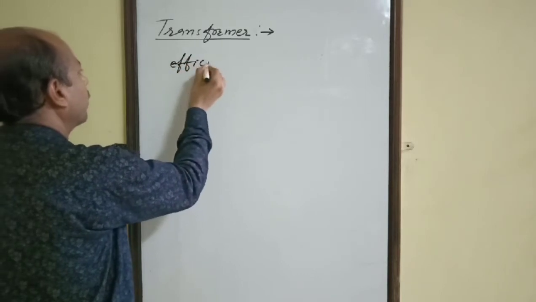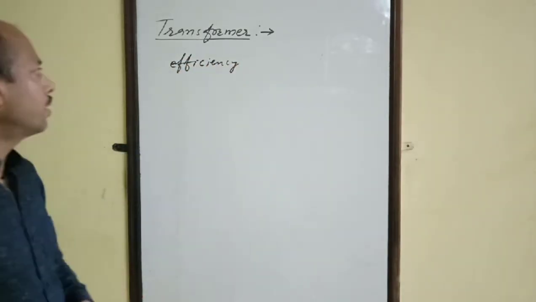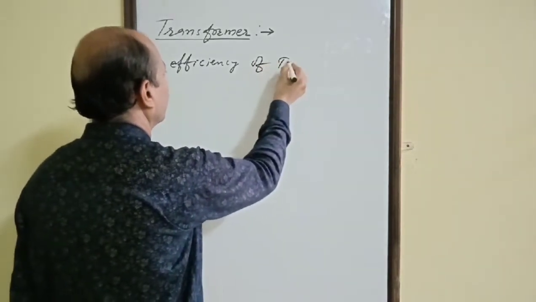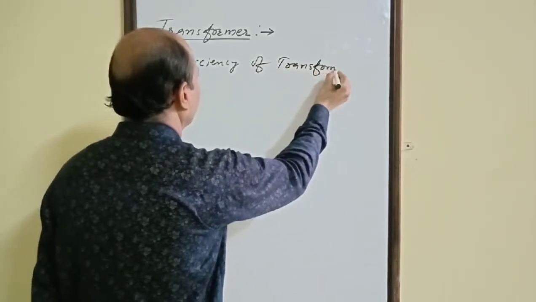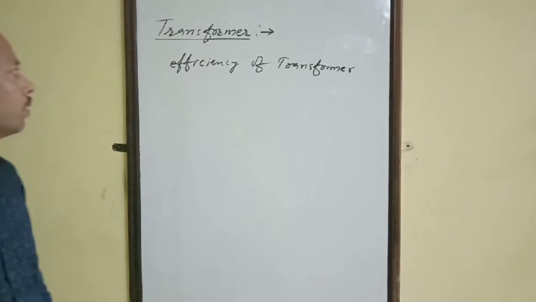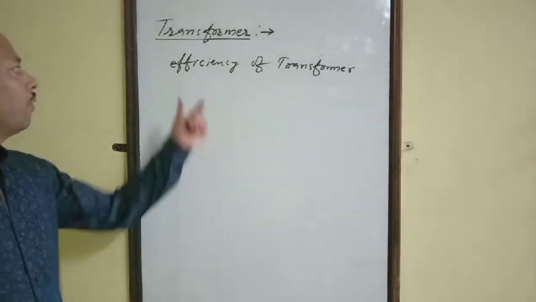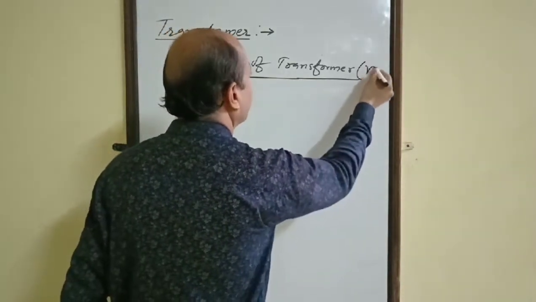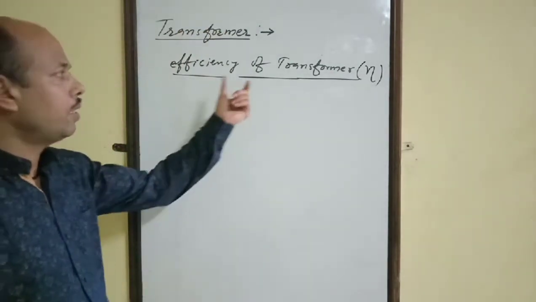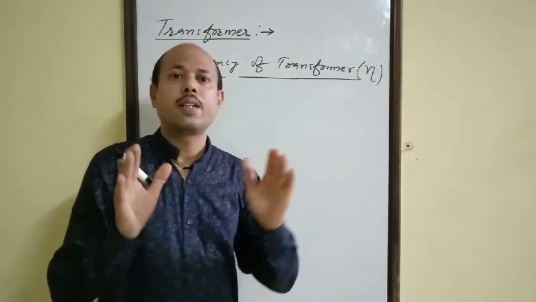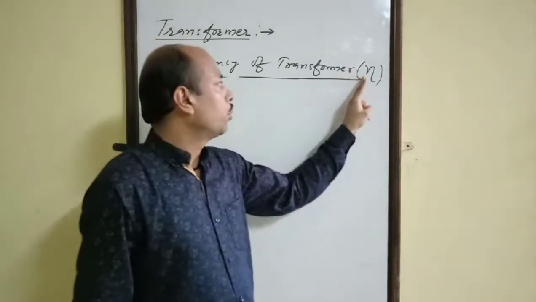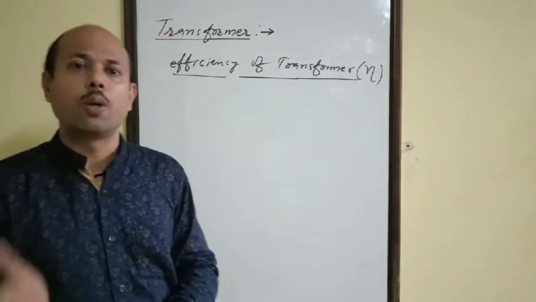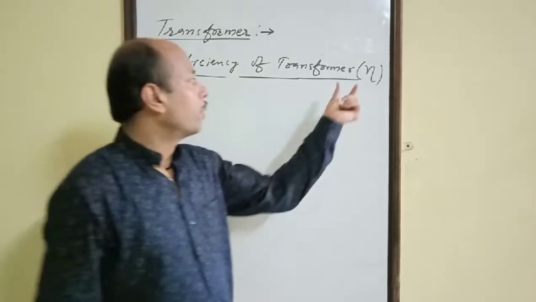Now, efficiency of transformer. That topic we are going to discuss. It is generally denoted by eta, and there is no need to be confused, because in class 11th eta is also used for modulus of rigidity as well as coefficient of viscosity.